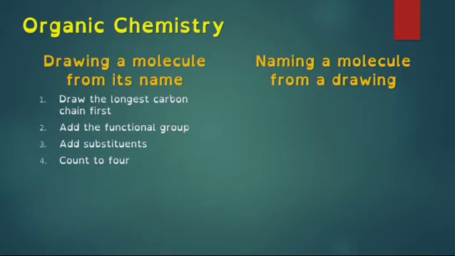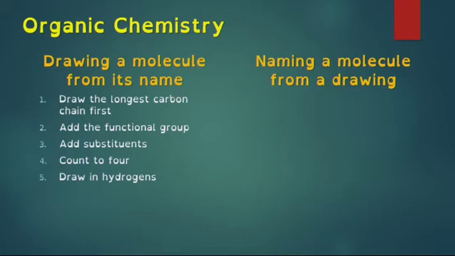Because then I know that these empty lines need the hydrogens. So I draw my hydrogens right at the end, after I've figured out my longest carbon chain, added my functional groups, added my substituents, and made sure that every single carbon has 4 bonds attached to it.